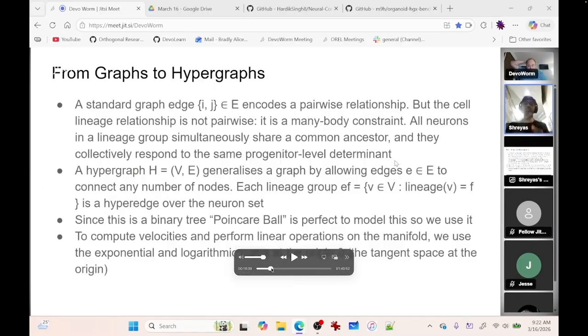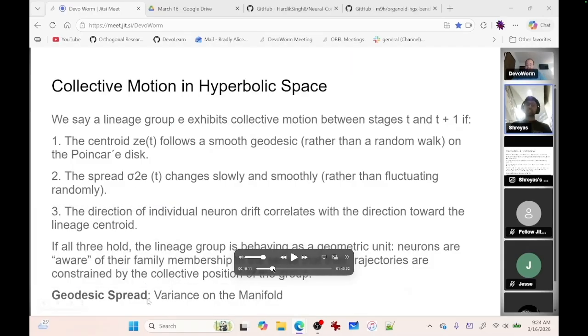So he goes through his math, and he's using hypergraphs to encode these things. He's talking about collective motion, so he actually developed this method that's very similar to a Lagrangian coherent structure, in that the cells are represented on this hyperbolic space, and it kind of looks like particles floating in a pool of water or something, or on the surface of a sphere. So it's kind of interesting.